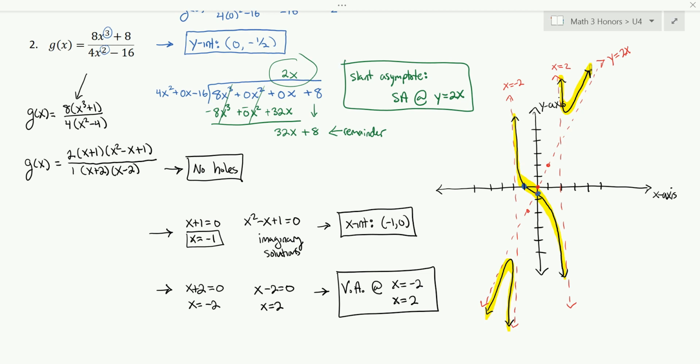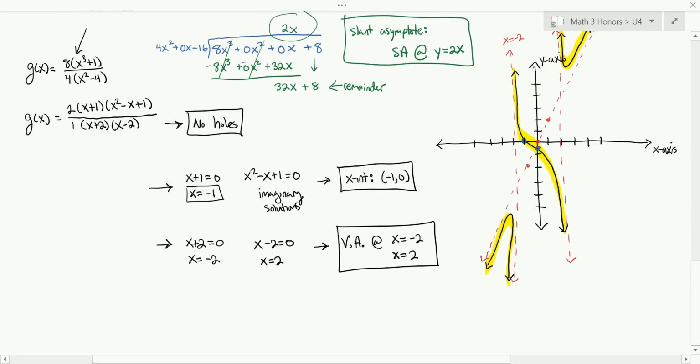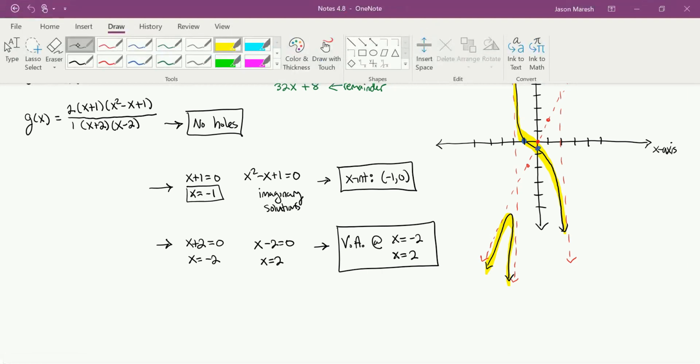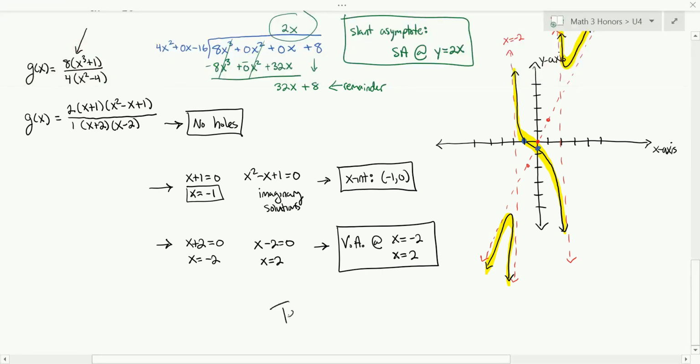I don't have that written down here, but if we tested it there, okay. So if we plug that in, we can see if we get a negative value, then we know it's bouncing back down. If we plug it in and get a positive value, then we know it's moving up.